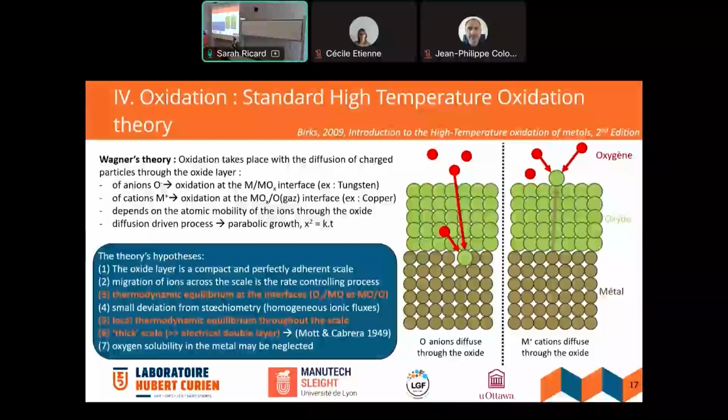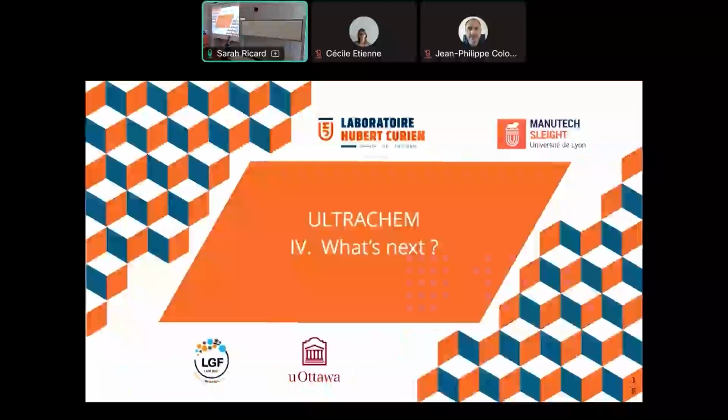That's why I'm currently working on properly understanding and explaining the theory for thin films and ultra thin films claimed by Mott and Cabrera in 1949. So this is what I'm going to be doing next.